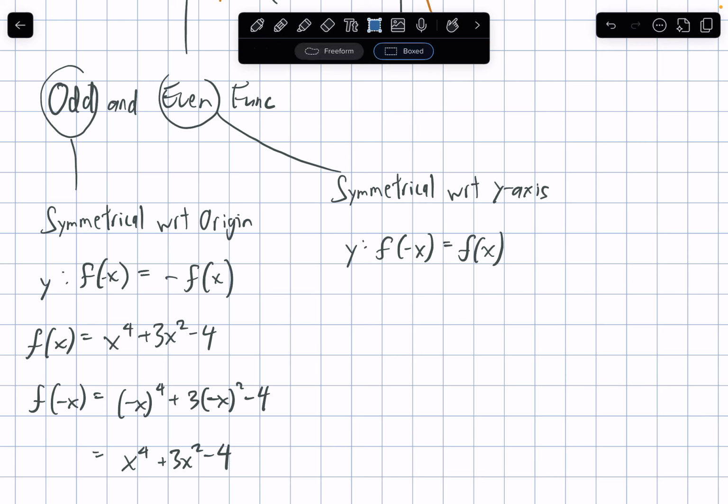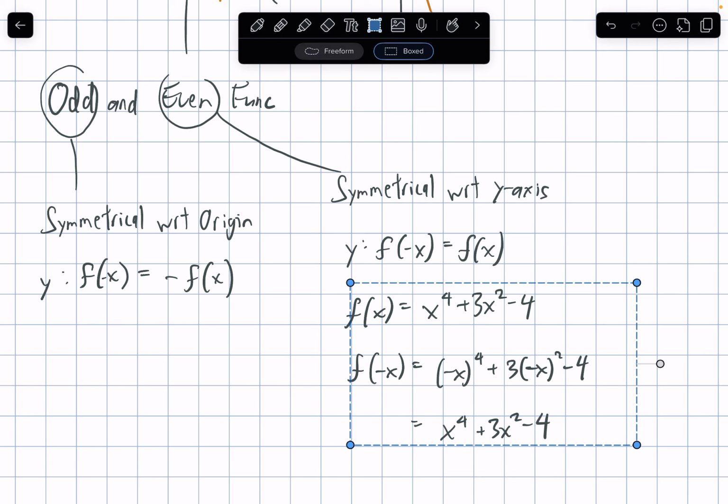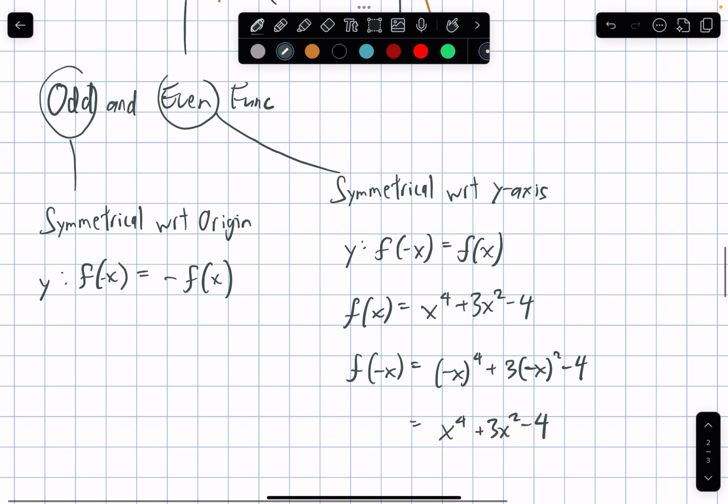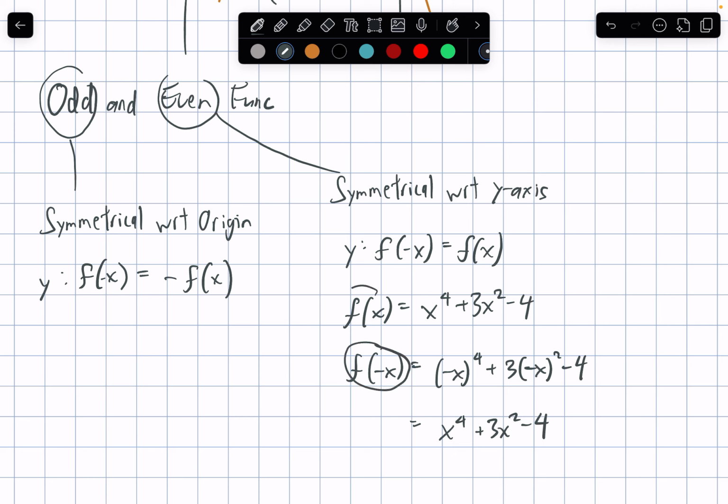Sorry, this is supposed to be an example for an even function. Anyways, as you can see, f of negative x is equal to f of x. These are the same. That's my point.